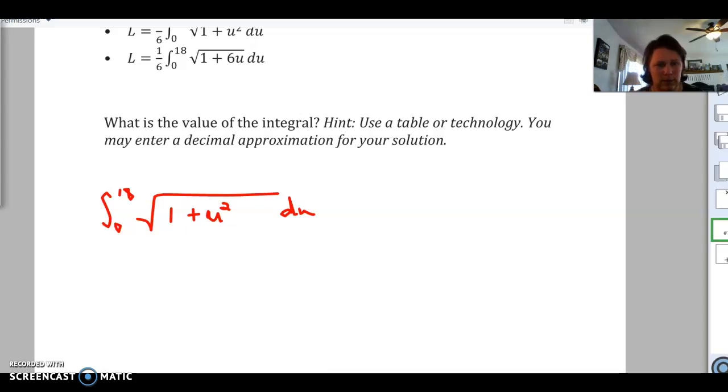Oh, I forgot to put my 1/6 out here in front. You can put the equation in right here if you want to, but what I found works best is to put your equation into the y equals. So just go into y equals and enter in your equation, the square root of 1 plus u squared. I could have put the 1/6 there also. I did that at the very end. I divided by 6, but you could have also put in your 1/6 at that point and do your equation.